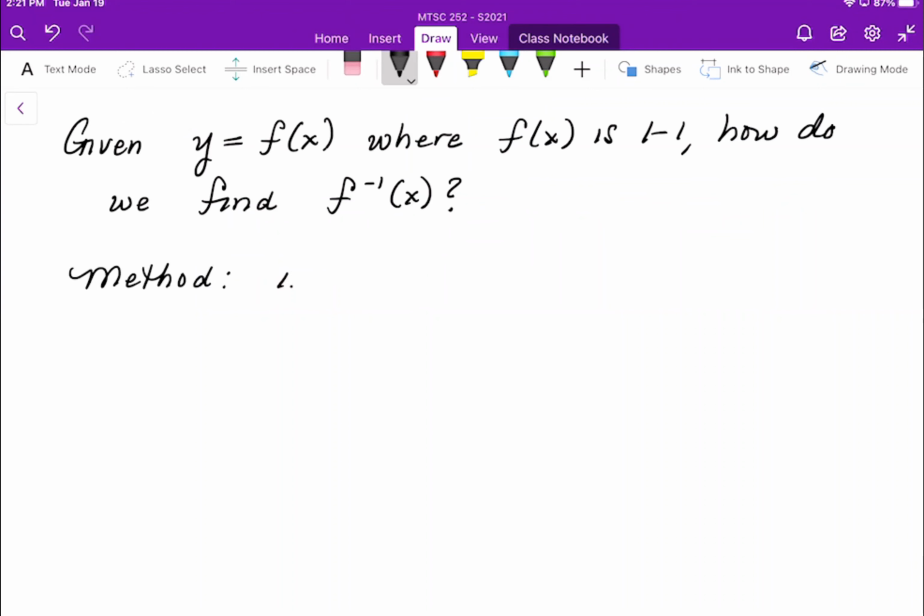The first thing you're going to do is switch x for y in the function. The second thing is you're going to solve for y.